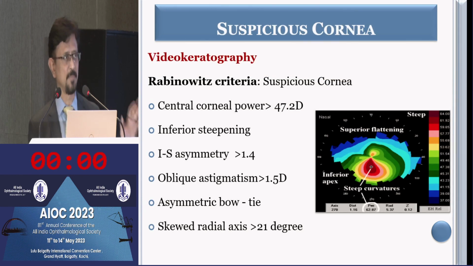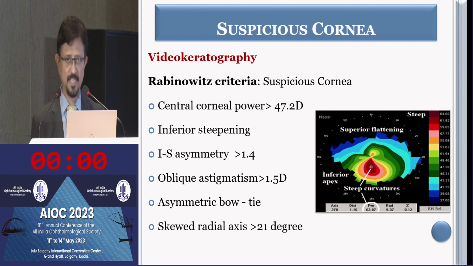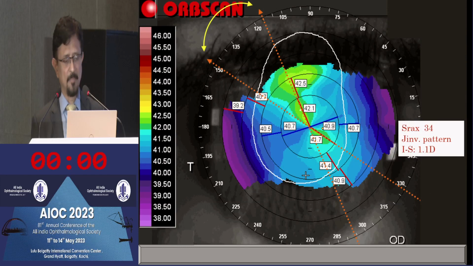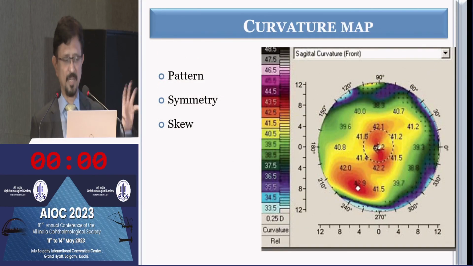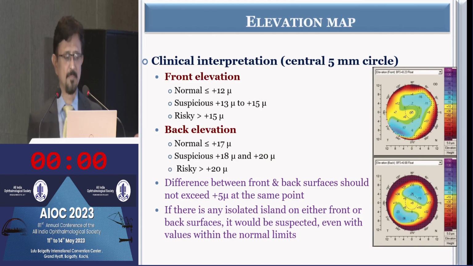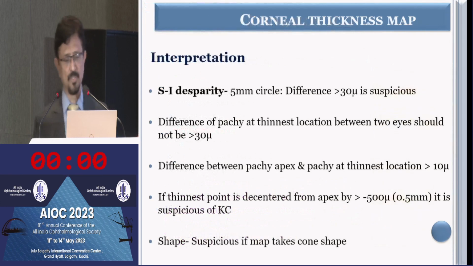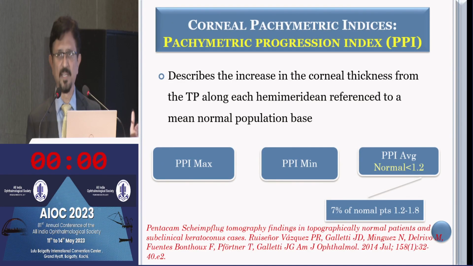Based on placido topography, there are certain criteria wherein you can detect a suspicious cornea. And based on Scheimpflug photography, based on the curvature map, the elevation map, and of course the thickness spatial profile, we can detect suspicious corneas.